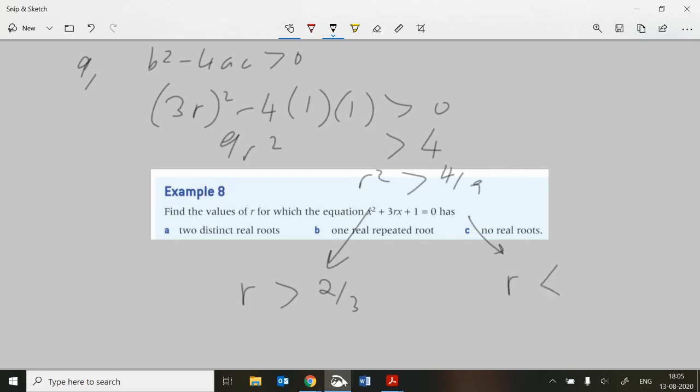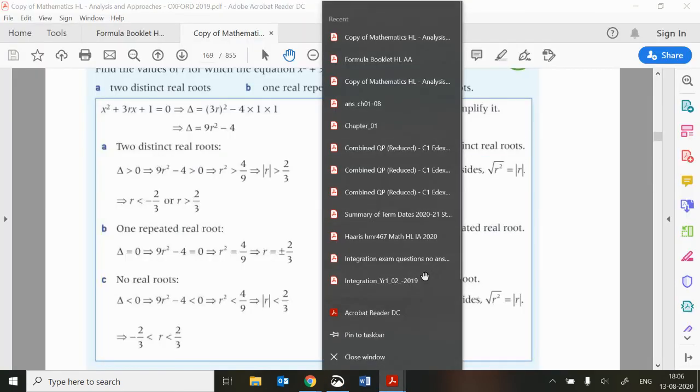But then r needs to be less than minus 2 over 3. Okay, so there we go. I'm just not spotting that there. That's a classic dumb mistake. So that's splitting into the 2 sides. So obviously, you put in numbers which are less than this, like minus 10. Minus 10 squared is going to be bigger than 4 over 9, obviously. Okay, so maybe they are worth doing.